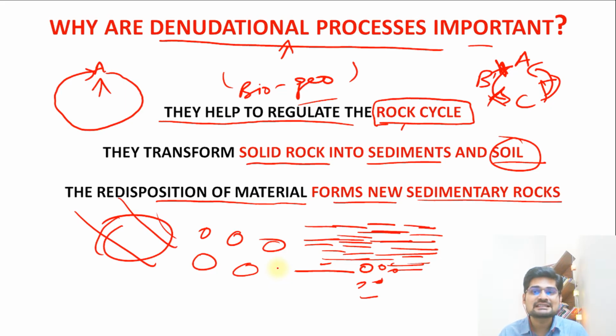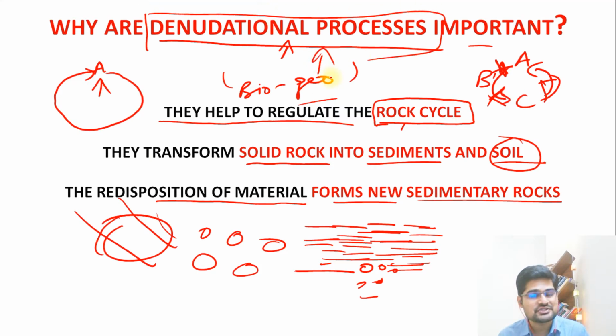Several processes are there. And remember, one thing common to all of them is this process of denudation, which is weathering, erosion, mass wasting and deposition, along with the transportation of these materials. That is why we are studying denudational process as an important process in geomorphology.